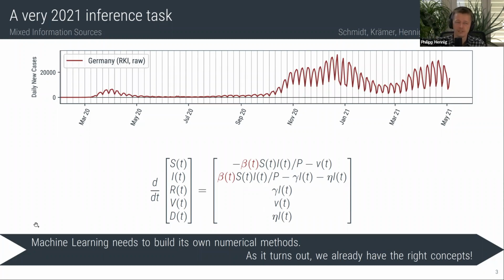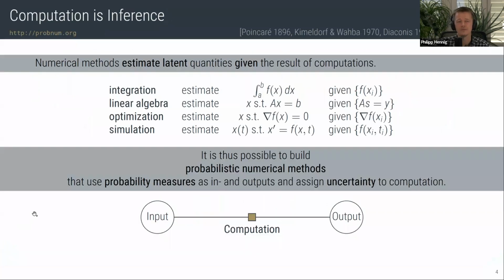Now, you could, of course, say that's a task for the applied mathematicians. We'll stay away and wait for them to find out what needs to be done. But I think there's a good reason for the two communities of applied mathematics and, let's call it computer science, machine learning, to interact and share information, because not only does machine learning need new numerical algorithms, it also turns out that you can think of numerical algorithms as learning machines.